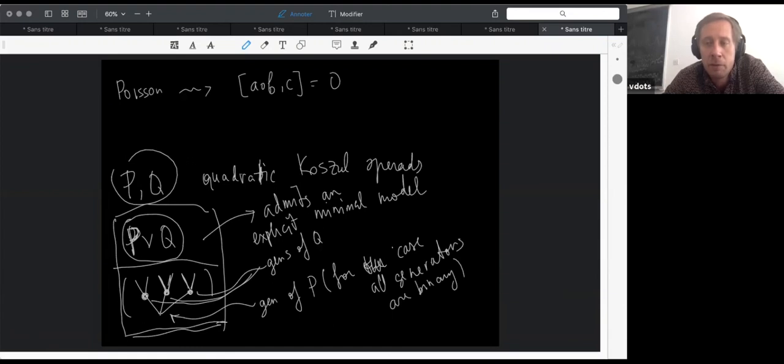That's a general fact, which is well known. And so using this explicit minimal model, you can establish that the dimension of O of n is equal to n to the power n minus 1, which is exactly the dimension of the PreLie of n.